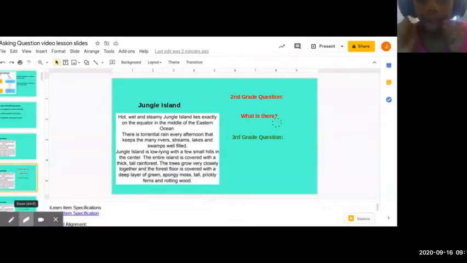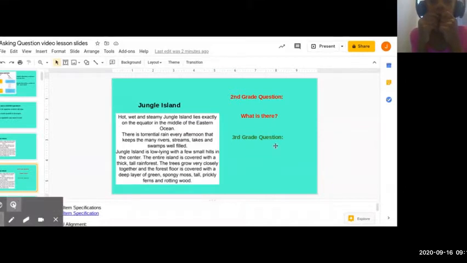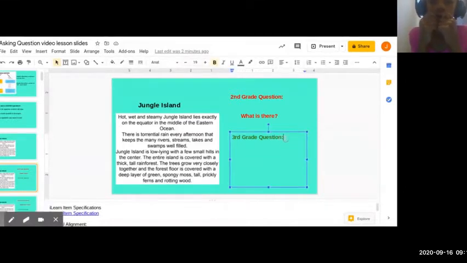Let's try to make this question a third grade question. If I want to know what is there, I need to use some words that are specific to the topic. So maybe I want to ask about some things that are there.